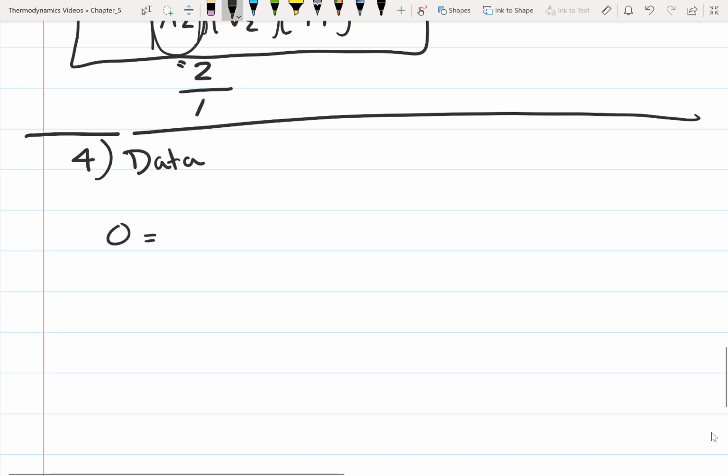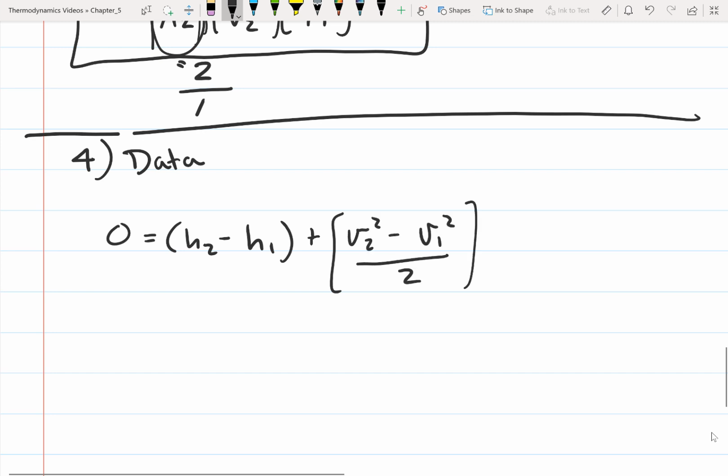So we have 0 is equal to H2 minus H1 plus V2 squared minus V1 squared over 2. And what we want to do is look up H1 on the air table at T1. So T1 is equal to 500 Kelvin.